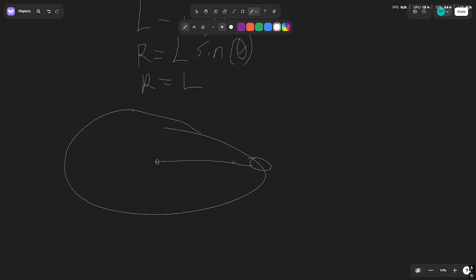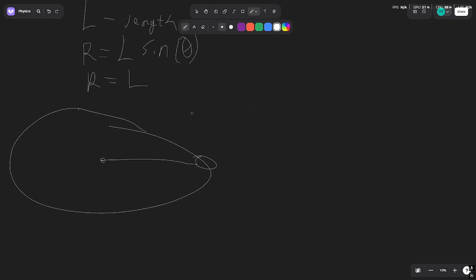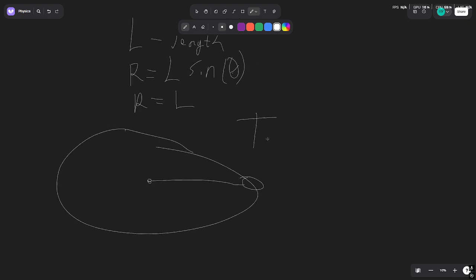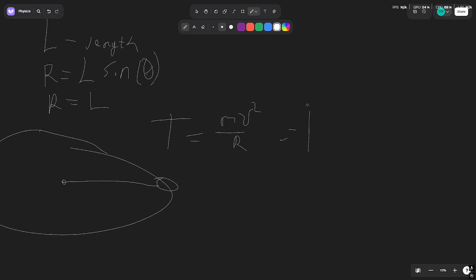So in a horizontal circle, we usually need to know the tangent, the tension of the string where the ball relies on, and tangent of the string equals mv squared divided by radius. So it equals centripetal force.